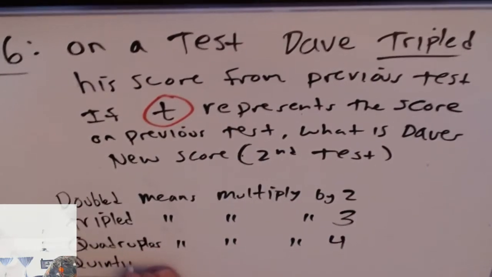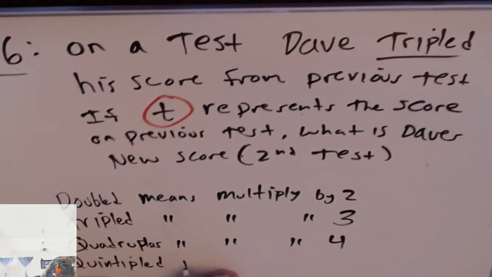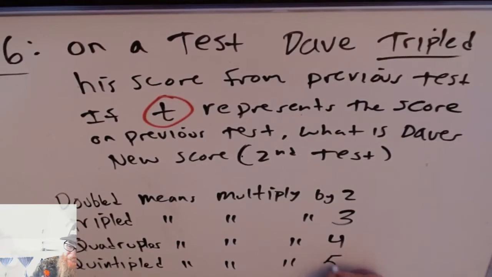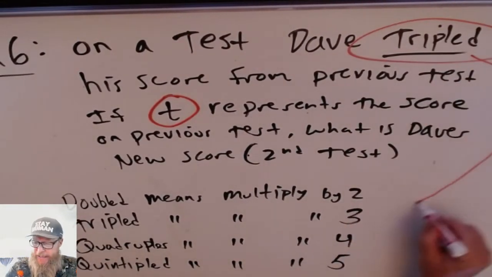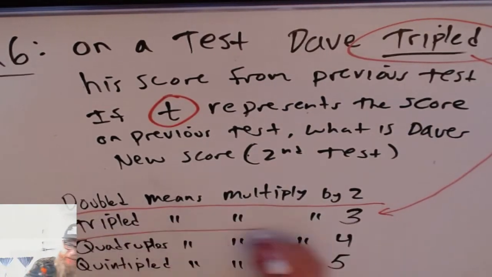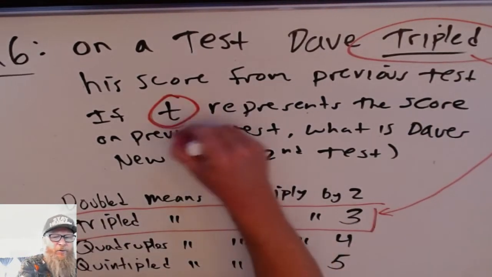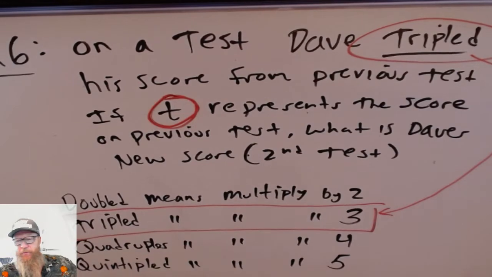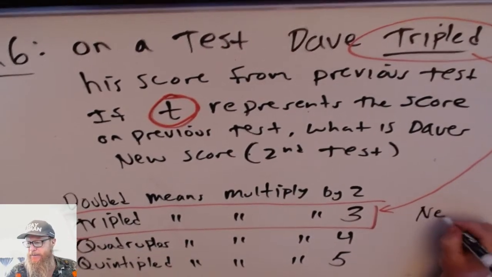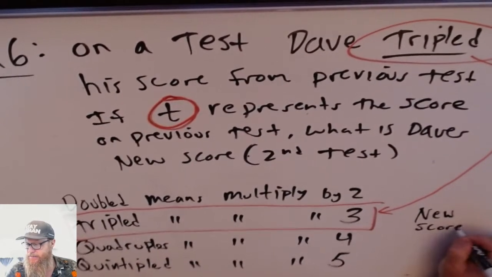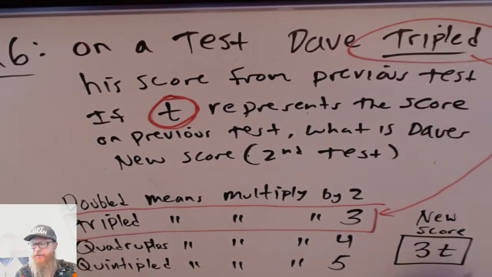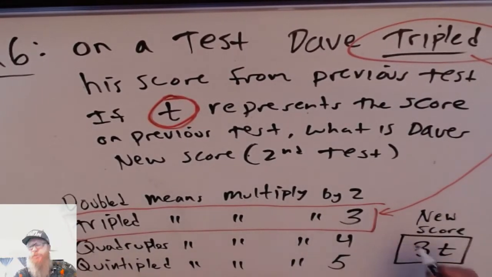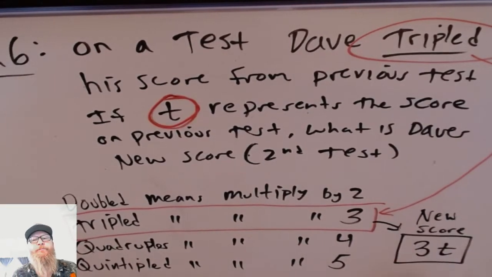I'll stop here. Quintupled means multiply by 5. And so we are tripling. So we're going to multiply the old score by 3. That's your answer.